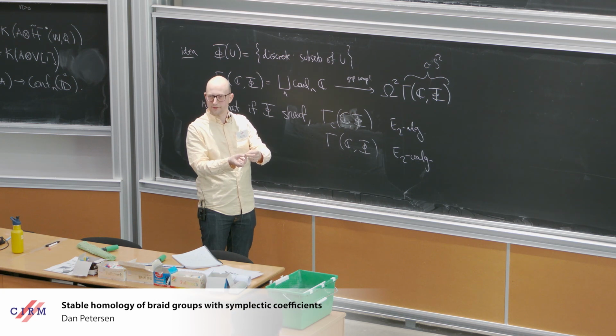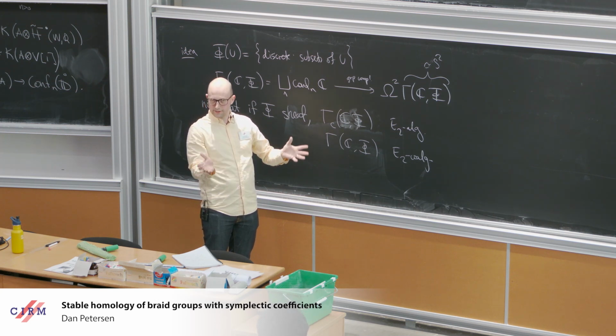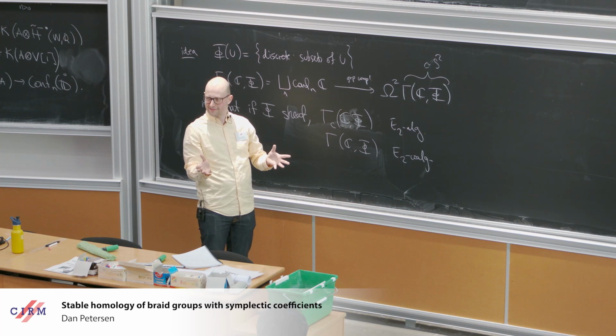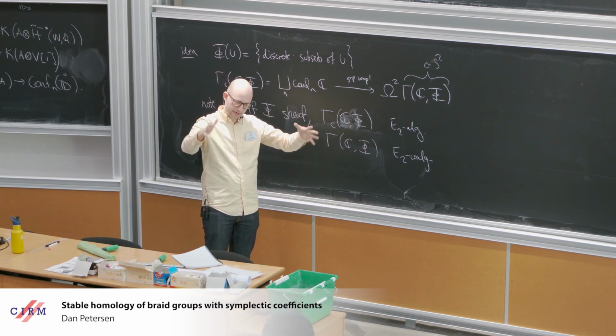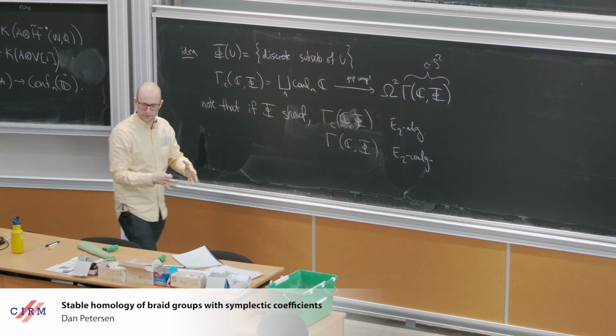There is some such disk, and you just restrict to that disk. And if your configuration consists of at most one point, that's the identity. And it deformation retracts everything down to the subspace where you have at most one particle.